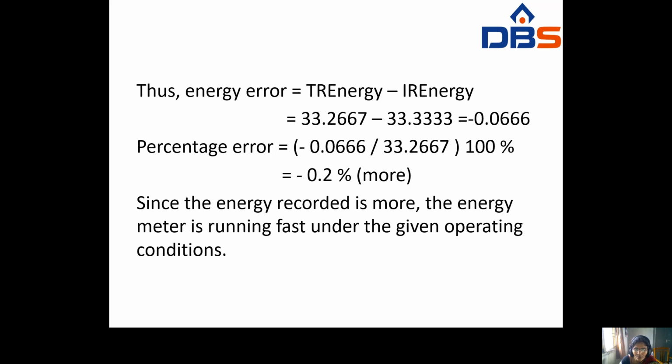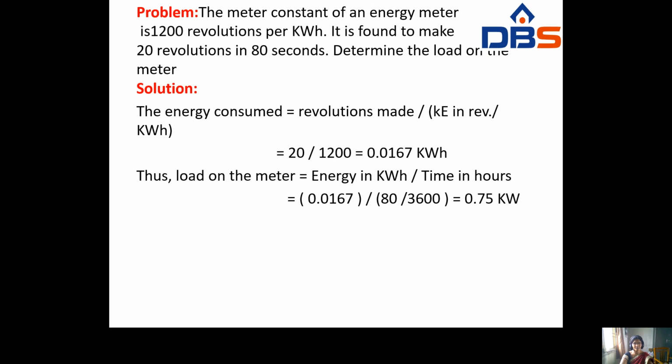Percentage error is the energy error divided by the total energy into 100, that is 0.066 divided by 33.2667 into 100%. So you get 0.2% more. That means since the energy recorded is more, the energy meter is running fast under the given operating condition. So the percentage error is 0.2%.